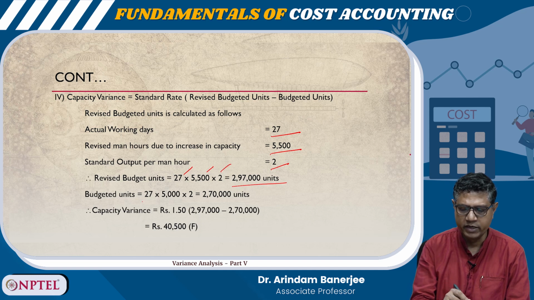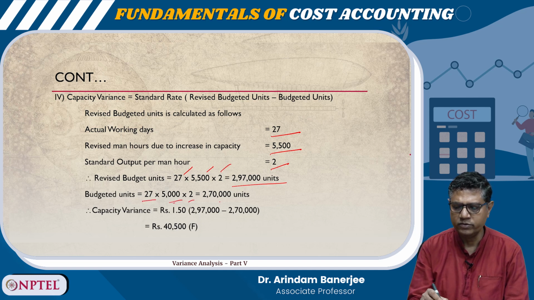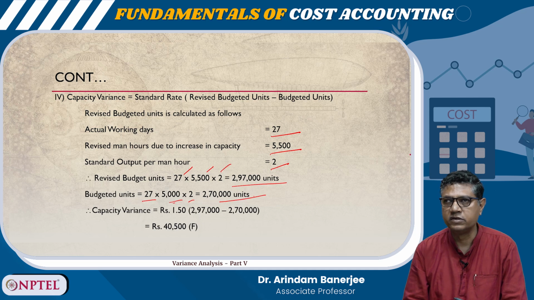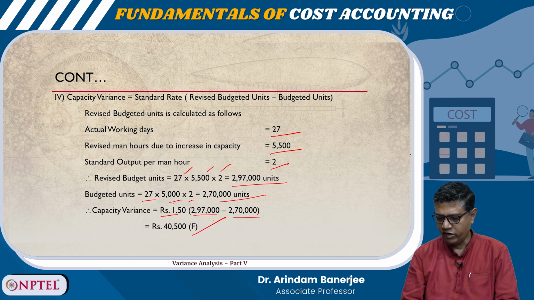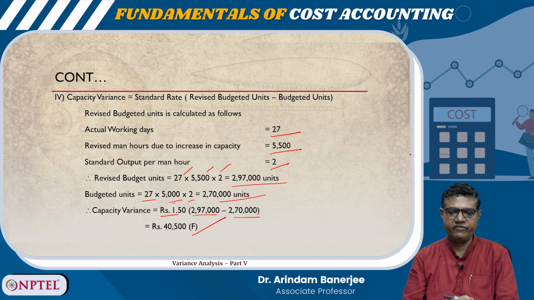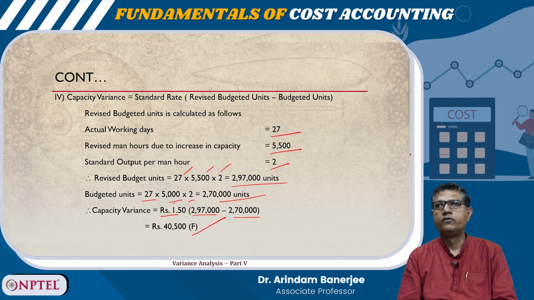Budgeted units is 27 into 5,000 into 2, that is 2,70,000 units. So, capacity variance is 1.5 into 2,97,000 minus 2,70,000. So, 40,500 favorable, right. So, 40,500 favorable is your capacity variance.